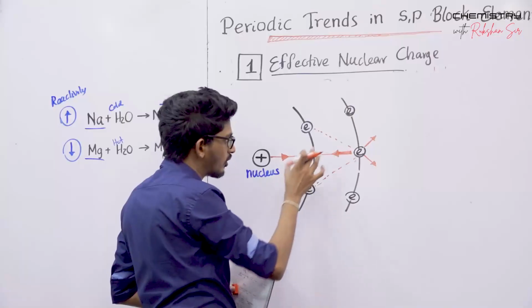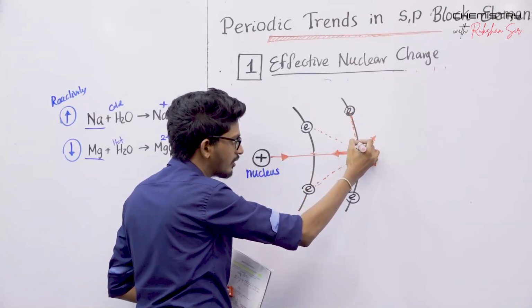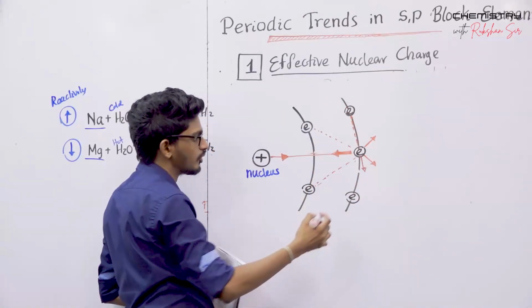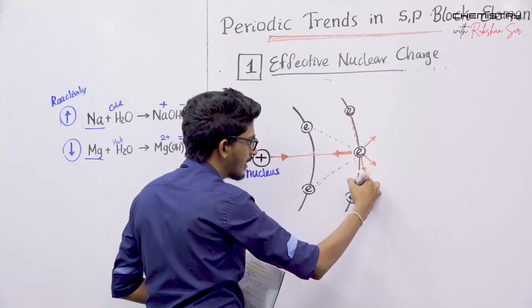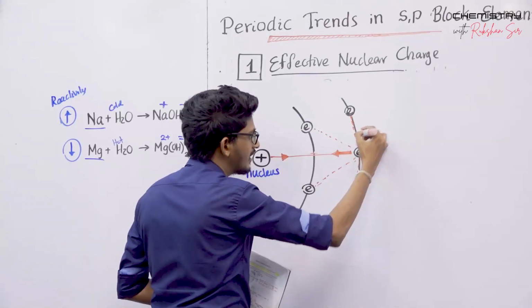So not only the inner electrons but also the valence shell electrons have the same kind of effect. Due to the appearance of the same shell electrons also, your considered electron will be pushed away a bit from the nucleus.